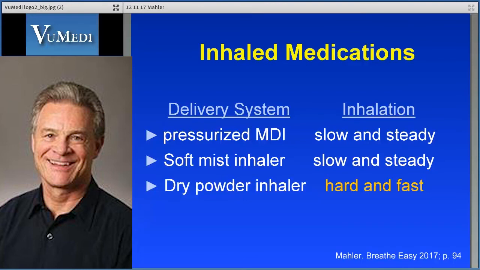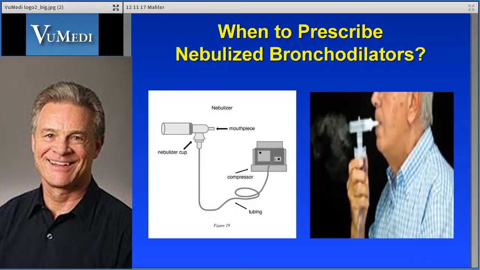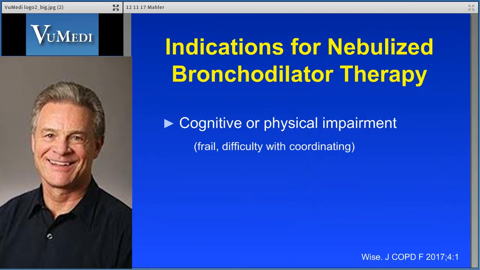The fourth delivery system is the nebulized device, shown here. Indications for nebulized bronchodilator therapy are summarized in a recent publication in the Journal of the COPD Foundation. One indication is cognitive or physical impairment, meaning this individual has some frailty or has difficulty with coordination.